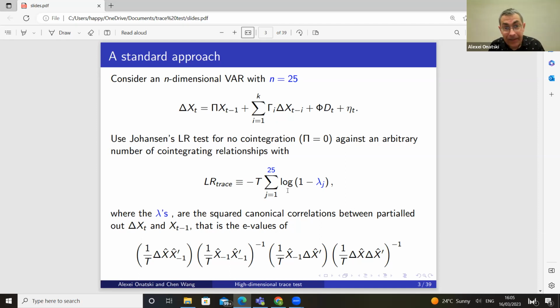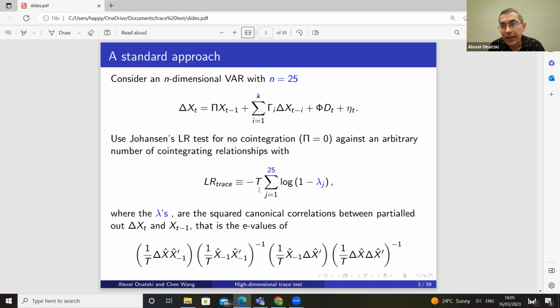You take logarithms of 1 minus lambda, where lambda are eigenvalues that I will describe shortly, sum over all these eigenvalues, then multiply by the temporal size of your data T and take the minus sign. If the statistic is above the critical level, you reject.